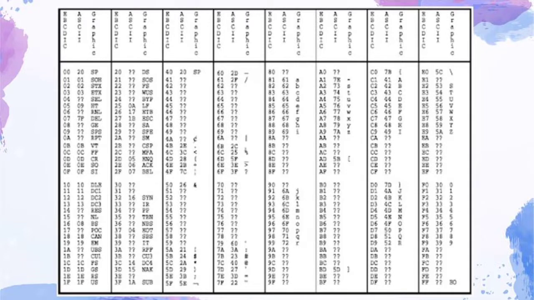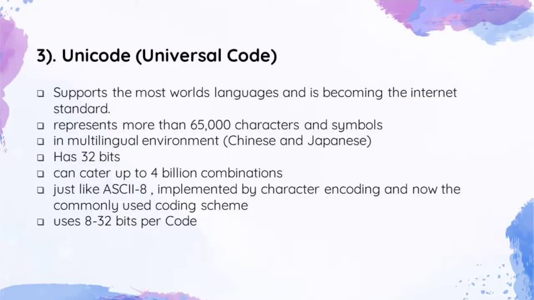Well, the third one is the Unicode. That's for universal code. This coding scheme supports the world's most languages, and is becoming the internet standard because it represents more than 65,000 characters and symbols.